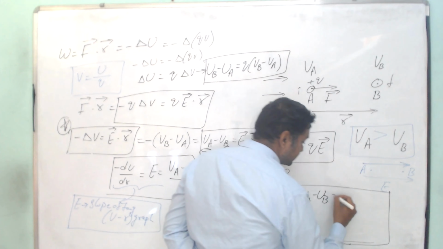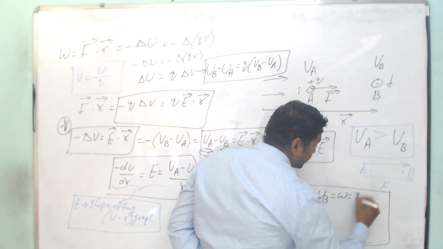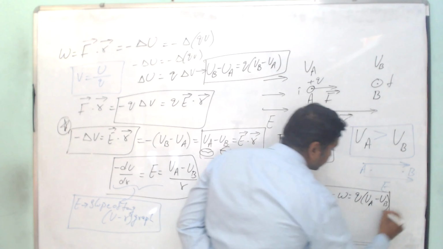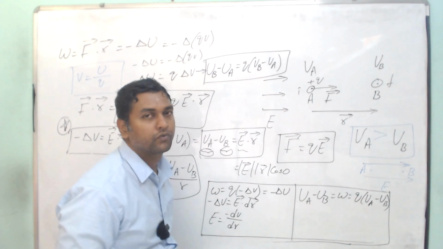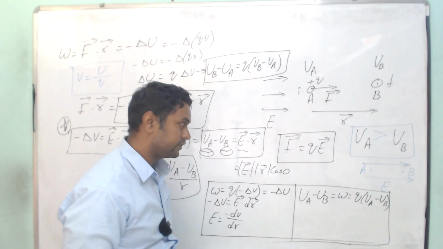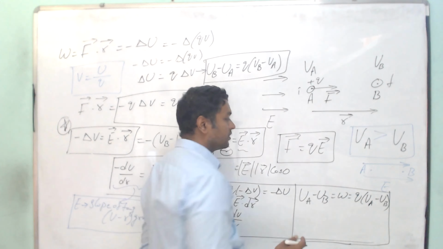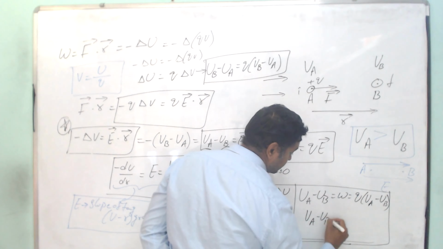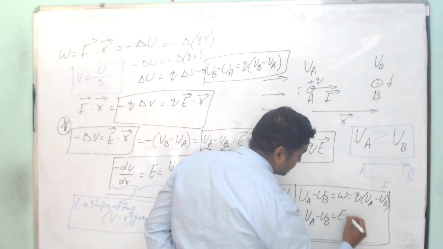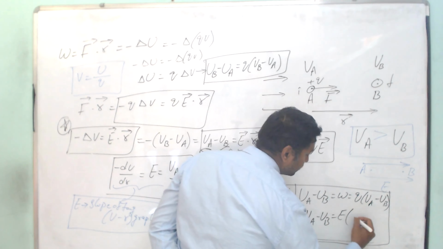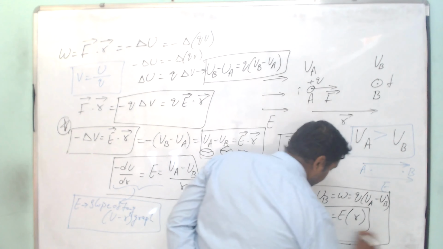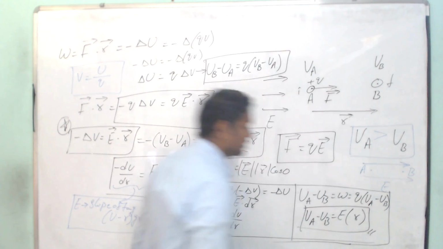So I can write this is only work done, and basically Q into VA minus VB. I can write it this way, right? Next, this VA minus VB potential, I can simply write it as E into magnitude R. Is this clear?